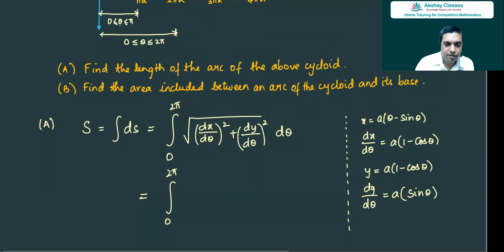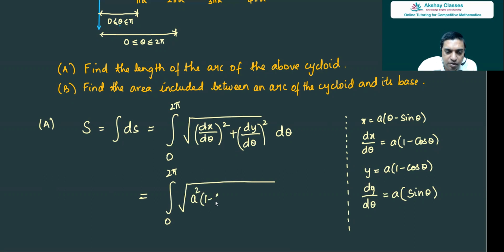So we have the square root of (dx by d theta) whole square, that is a square into (1 minus cos theta) the whole square, plus a square sine square theta, d theta.